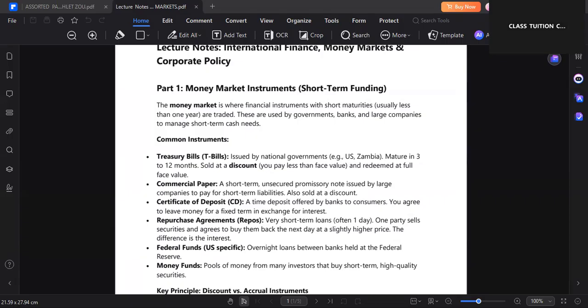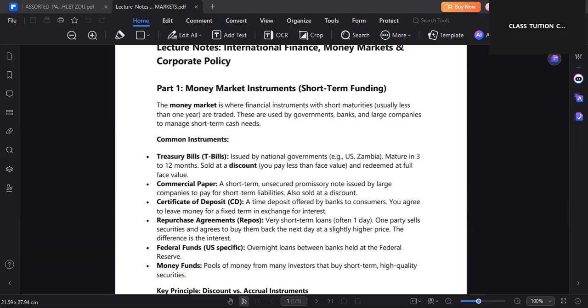We also have what we call a repurchase agreement, others say repos. It sounds complicated, but it's actually very simple. A repo is simply a very short-term loan, often just for a day. Now see how it works. One party will sell securities to another party, and simultaneously they will agree to buy them back tomorrow at a slightly higher price.